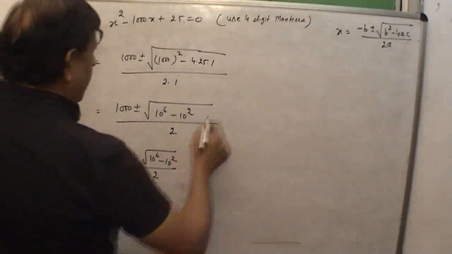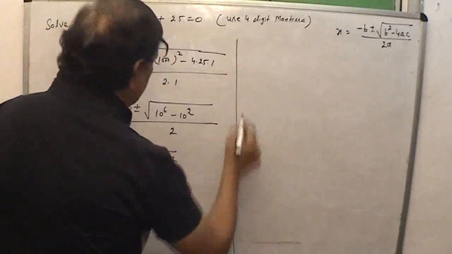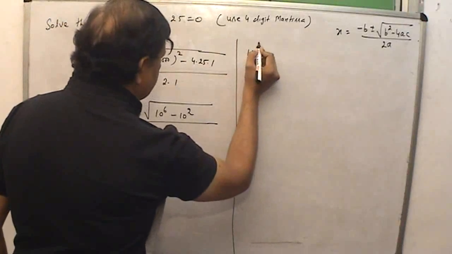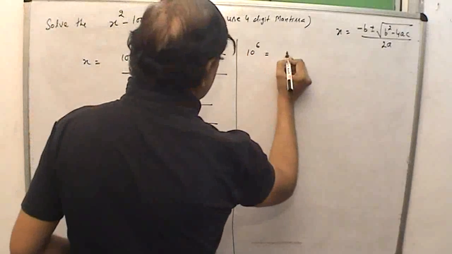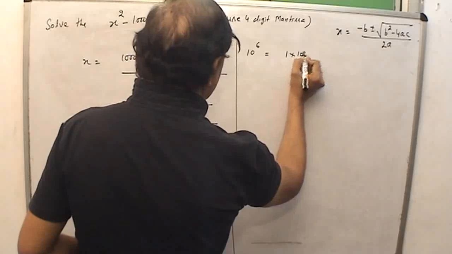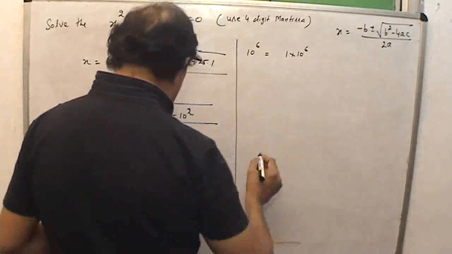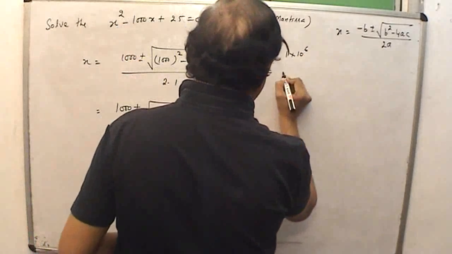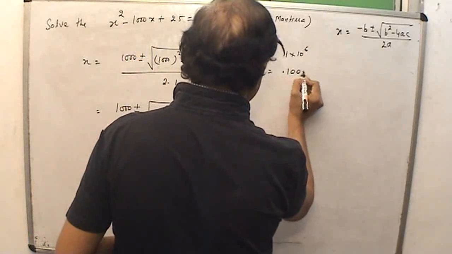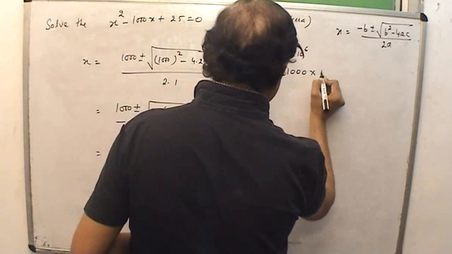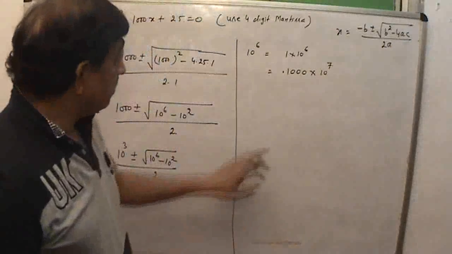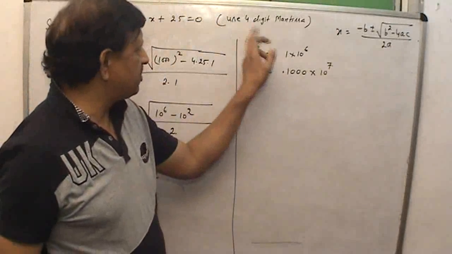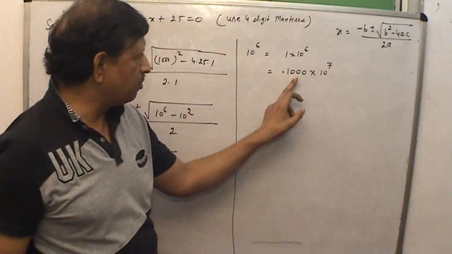Let us say, first of all, what does 10 raised to the power 6 mean. 10 raised to the power 6, we can write as 1 into 10 raised to the power 6, and we can write it as 0.1000 into 10 raised to the power 7. 4 place digits, 4 Mantissa: 1, 2, 3, 4.